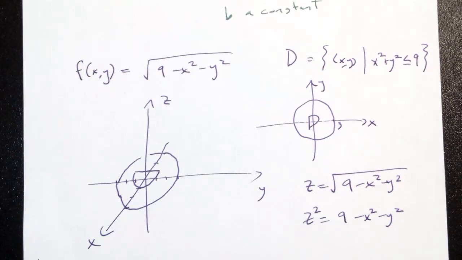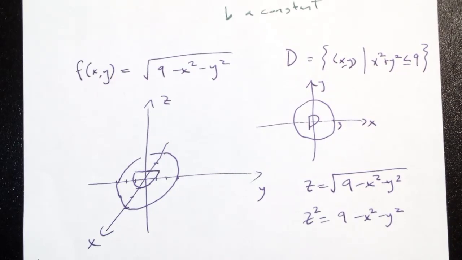I can draw the picture. I don't have to draw the picture. But you should be able to tell me what shape it has without drawing. What shape is this? Why? Very positive.